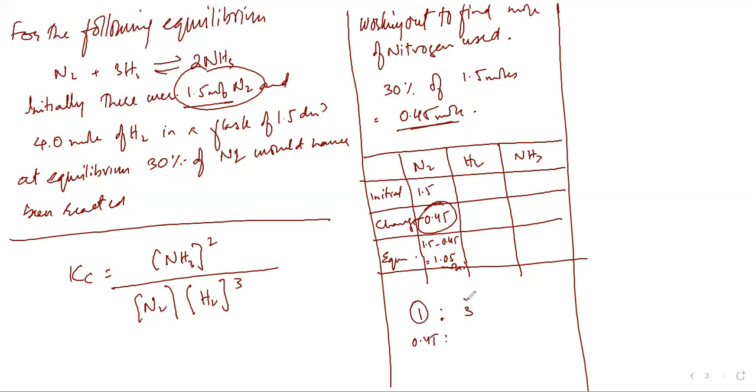If 1 mole of nitrogen reacts with 3 moles of hydrogen, so 0.45 reacts with X. How much would this be? जरा बताओ। It will be less than 1.5 moles.